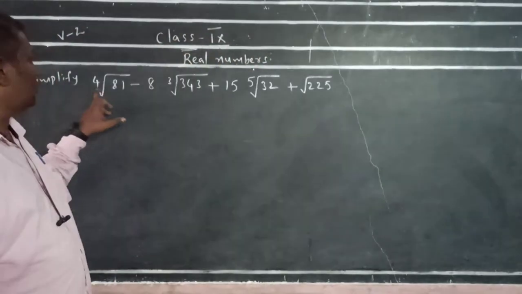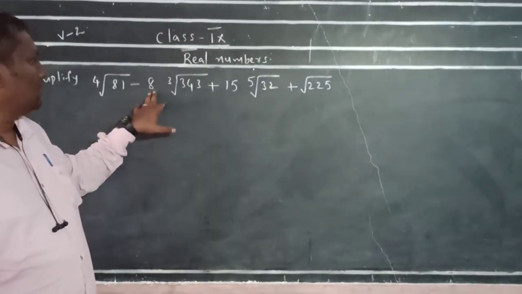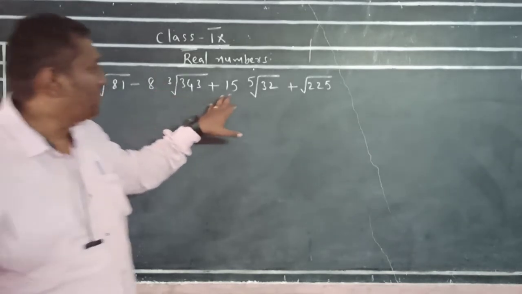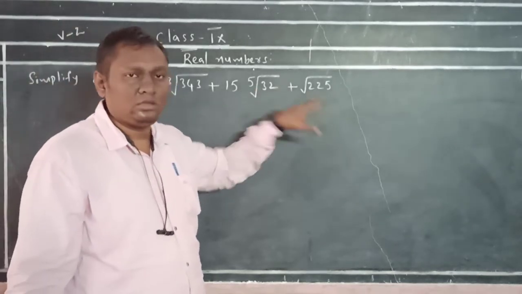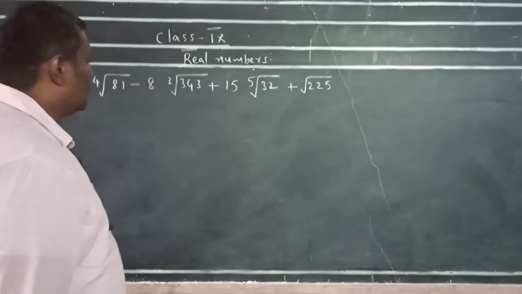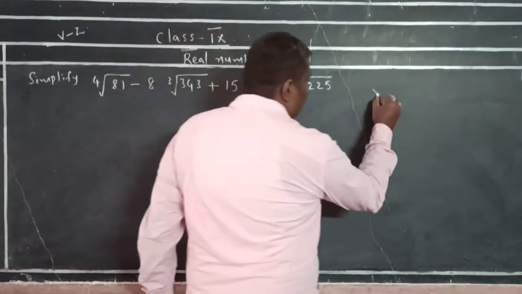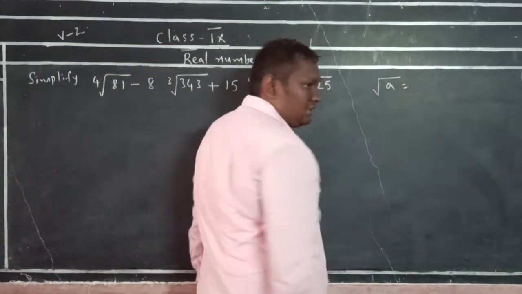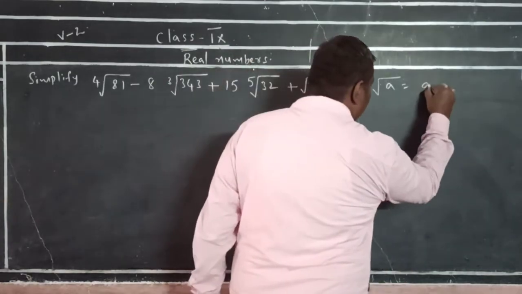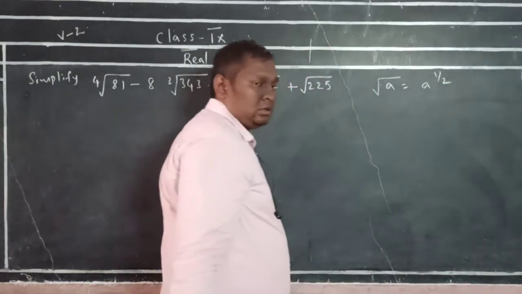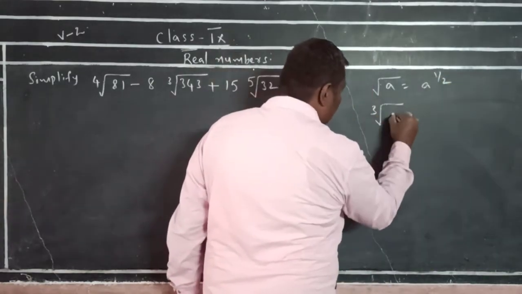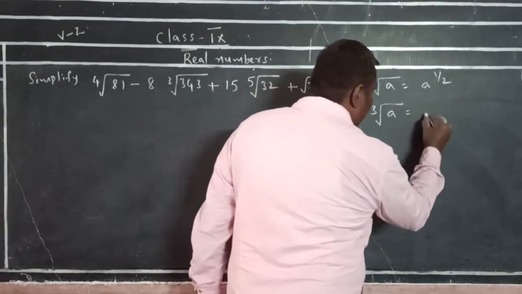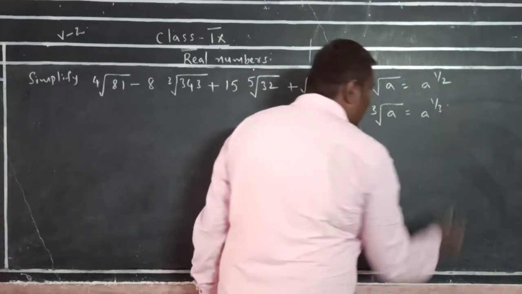Here simplify the fourth root of 81 minus 8 into cube root of 343 plus 15 into fifth root of 32 plus root 225. Here root a means a power 1 by 2. Cube root a means a power 1 by 3.